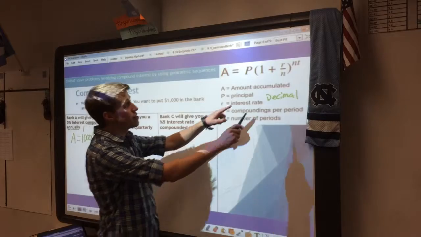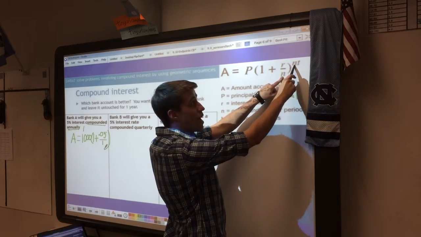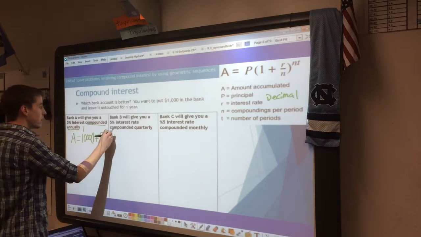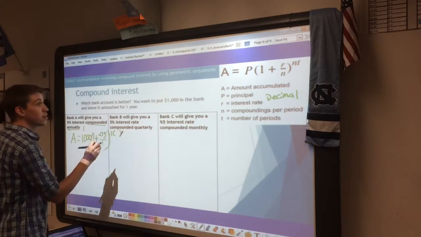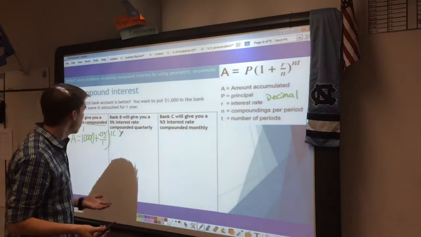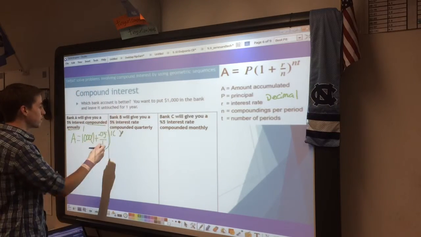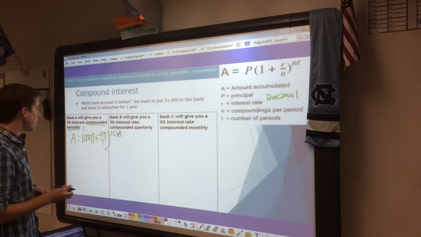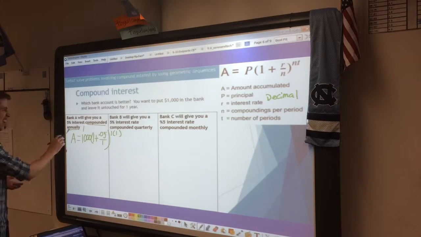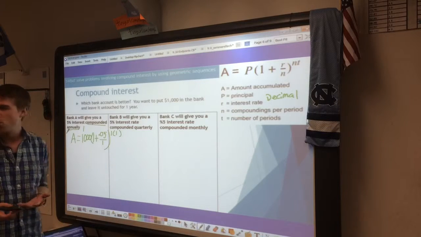Times, notice it's the same number, N. How many times am I compounding the interest? Annual is 1. It'll be 1 times T, the number of periods. In this case, it's the number of years, and I want to know after just 1 year. 1. Now we're set up to fully simplify. Go ahead and pause and see if you can figure this out on your own before we do it together.